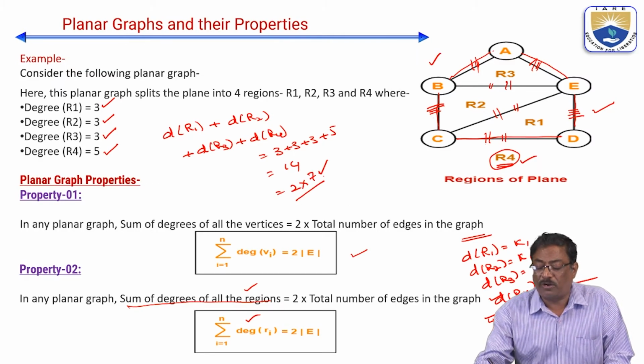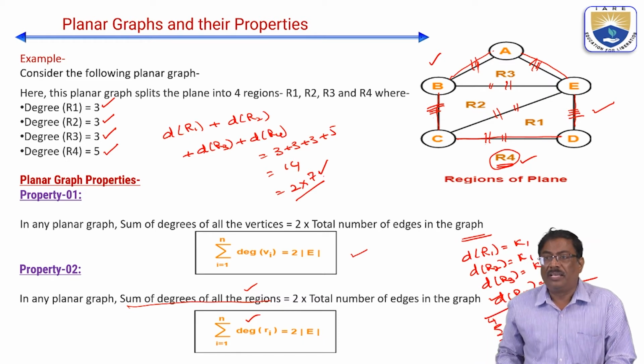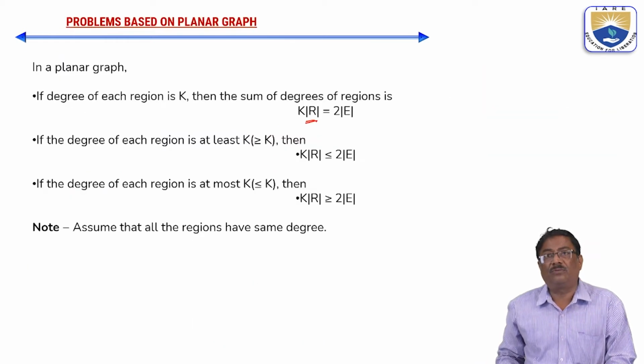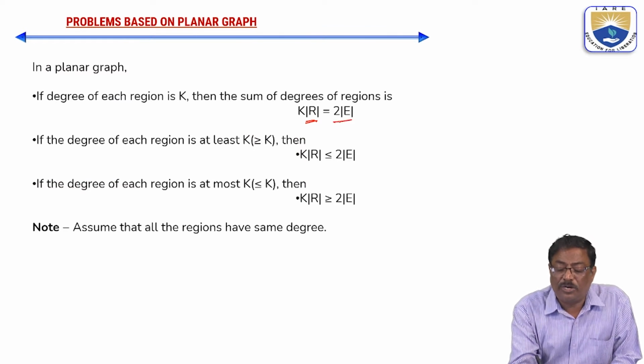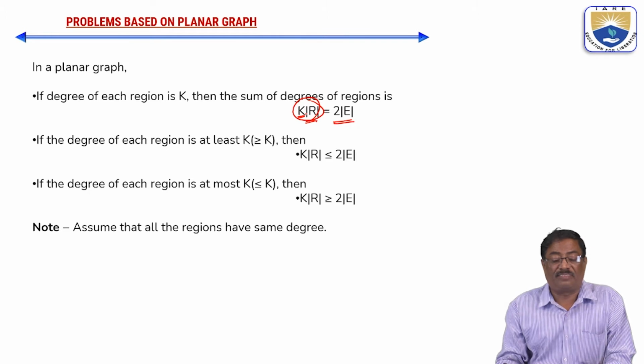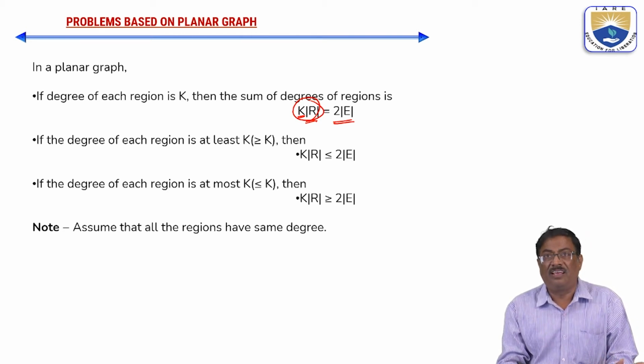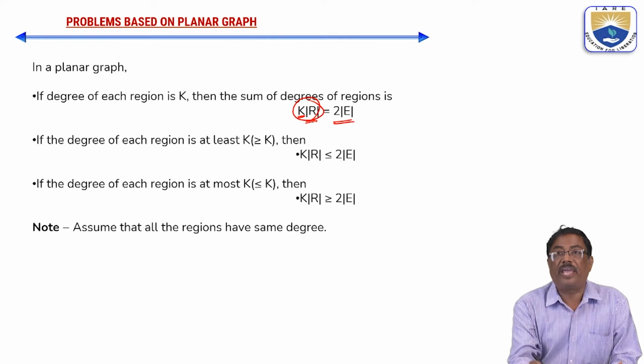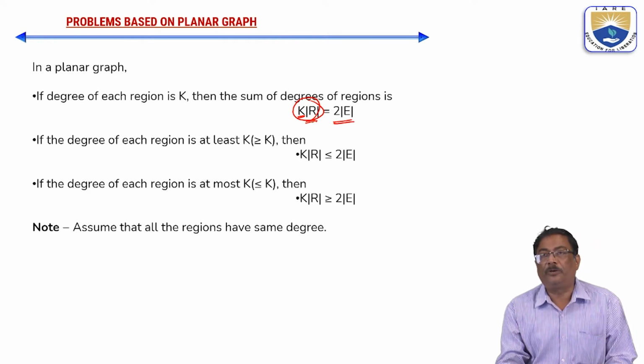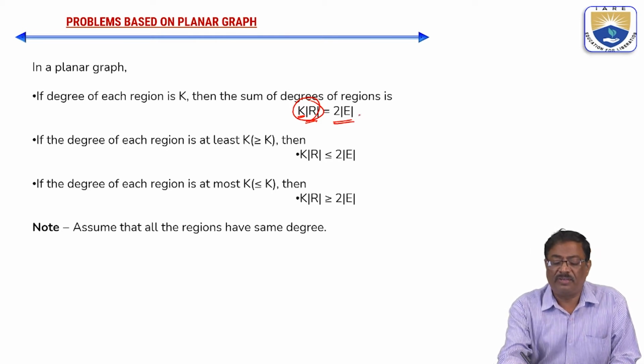It is repeated 4 times, so we are going to get 4 into k1. In the similar sense, the 2 into number of edges is k into r, where k is the degree of each region and there are r regions. So k into r is equal to 2 into the cardinality of E.